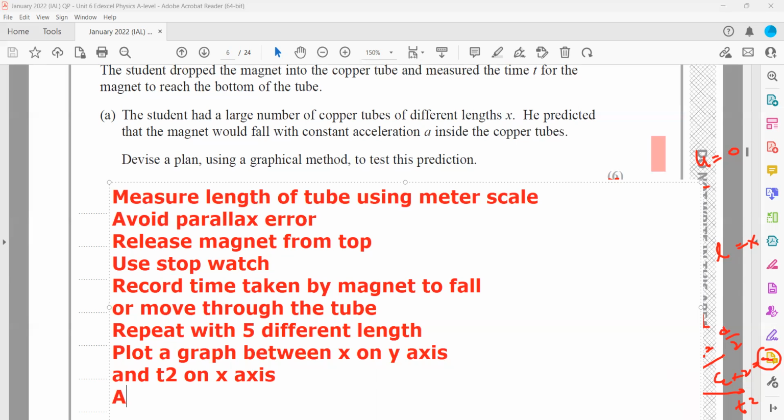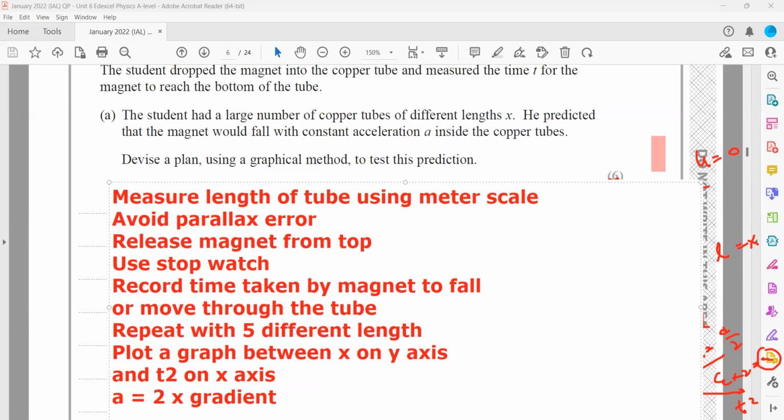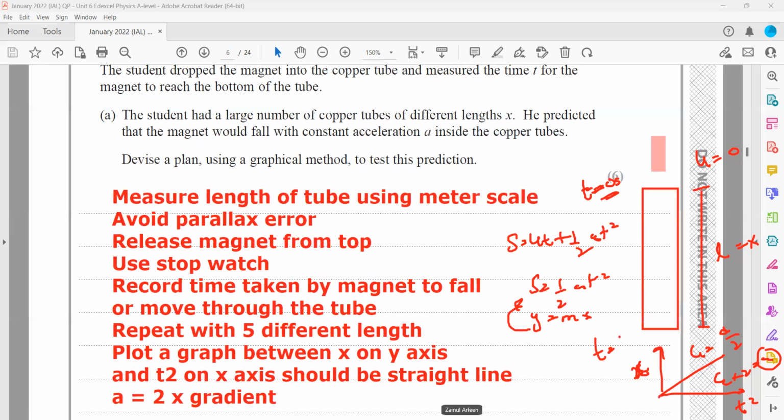And acceleration will be equal to 2 multiplied by the gradient. As the student wants to show that it should be a constant acceleration, the graph of length on the y-axis against time squared on the x-axis should be a straight line. If it is a straight line, that gives an idea that acceleration will be constant. Otherwise, the acceleration will change.